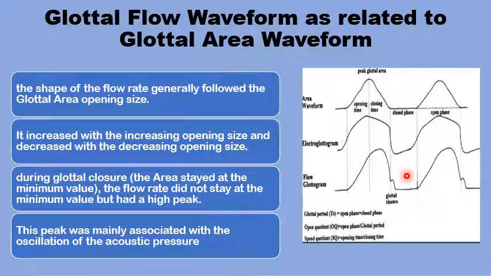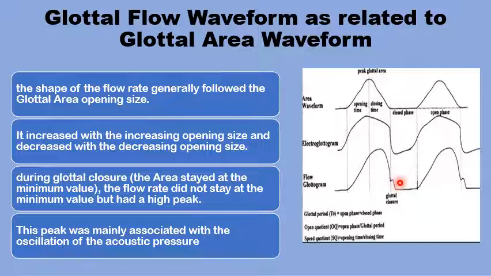You could see two of them here: the shift of the peak of the glottal flow to the right in relation to the peak of the glottal area waveform, and this peak in here during the glottal closure. The area stayed at the minimum value, but the flow rate did not stay at the minimum value, but rather has this peak.